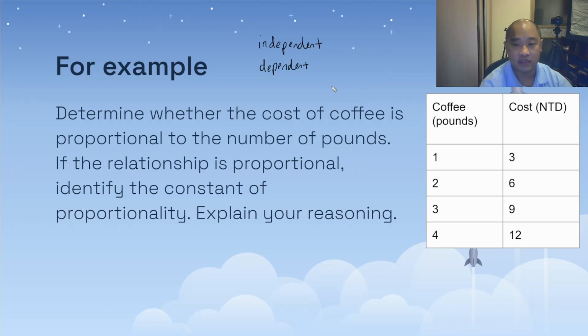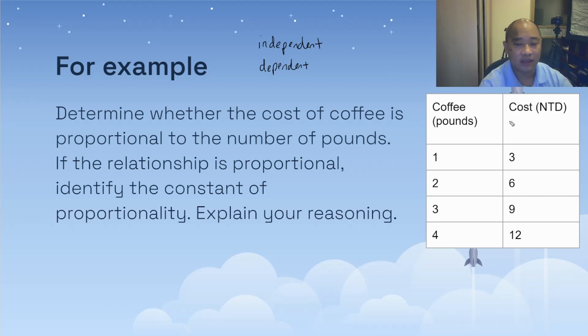So let's look at these. Does the amount of money that it costs depend on how many pounds you buy, or does how many pounds you buy depend on the total cost?